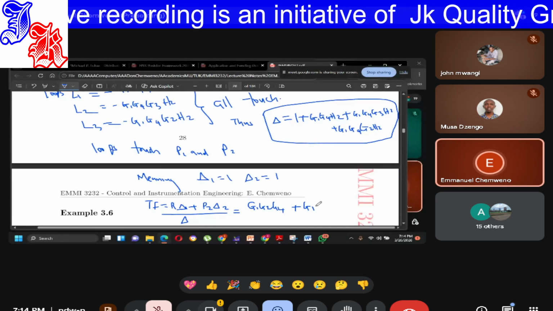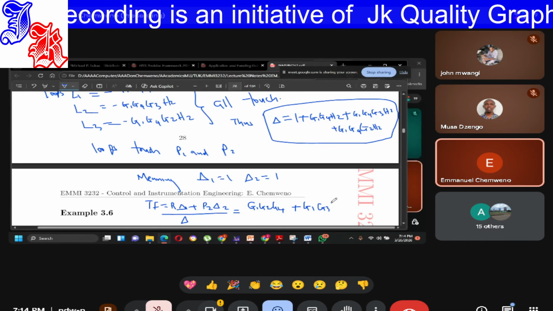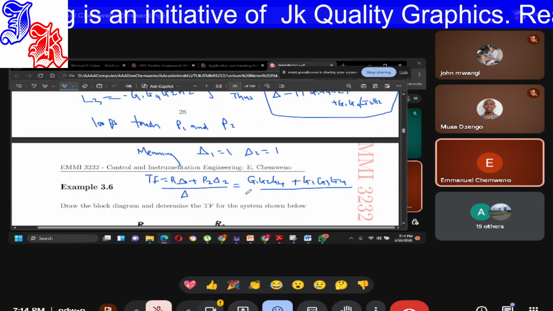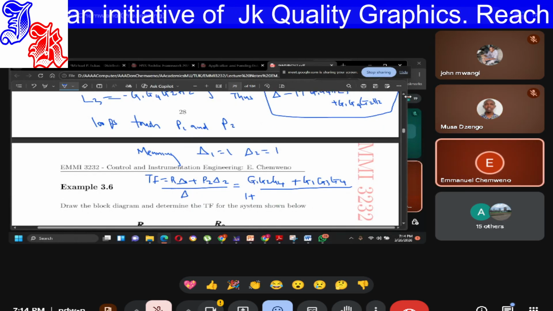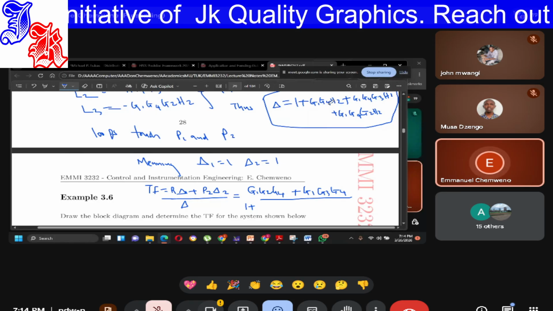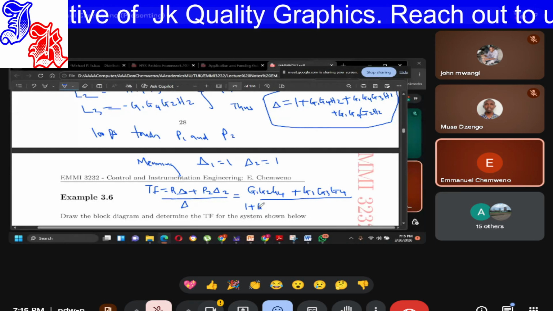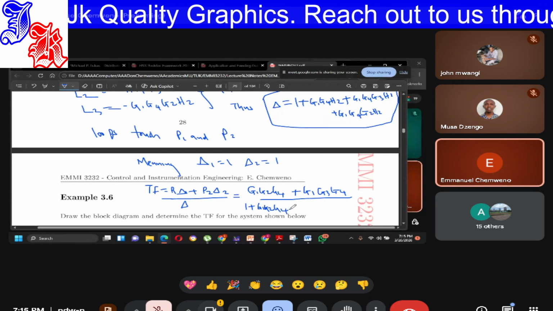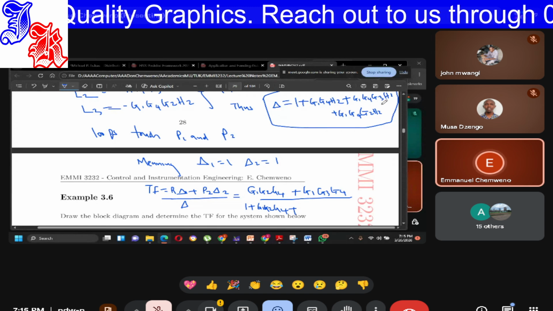I've just rearranged, over 1 plus what you have here, G1, G2, G4 plus G1, G3, G4.